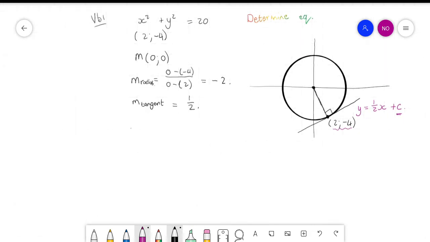Ons gaan sê vir die vergelyking van die raaklyn het ons 'n half x plus c. Ek stel die punt 2 en min 4 in.